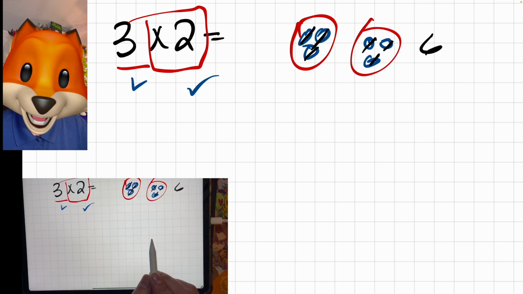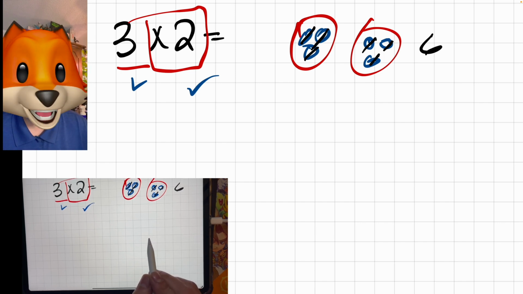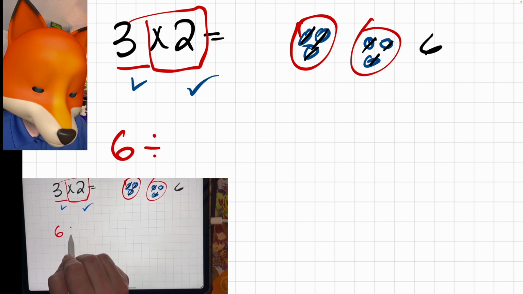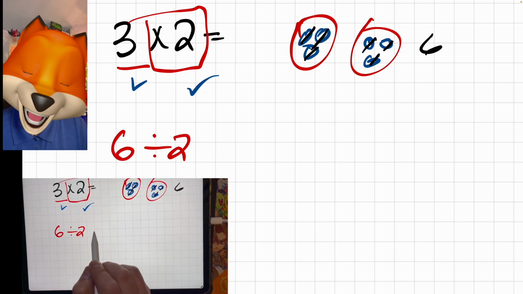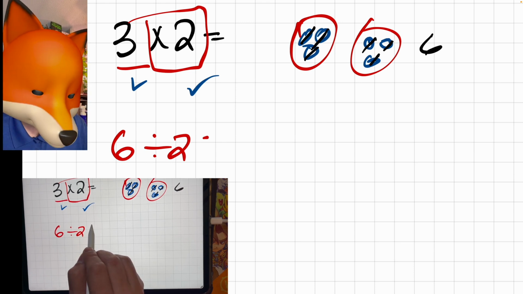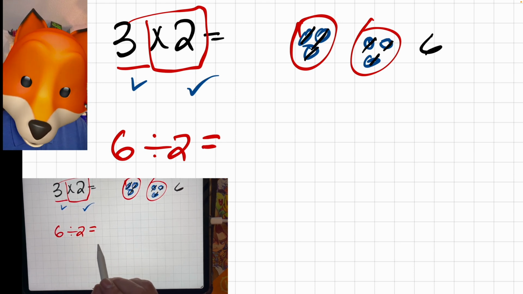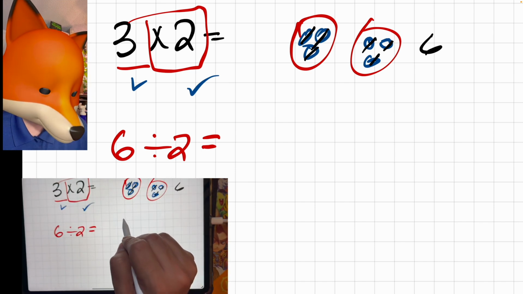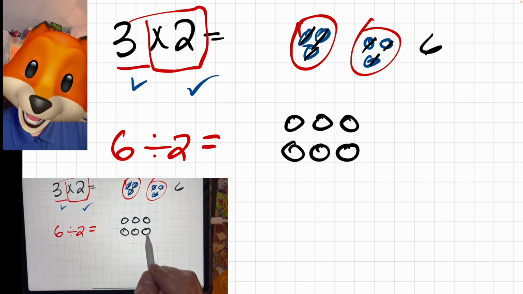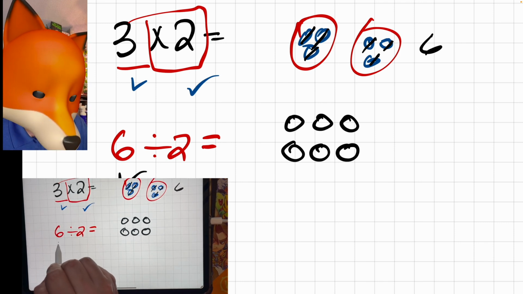Now let's look at the other way we can see division. This is the one that I like. So, 6 divided by 2. We're going to do another fact family, but we're going to do this one a different way. We're going to put our total first. 6. 1, 2, 3, 4, 5, 6. Okay, so there's our 6.